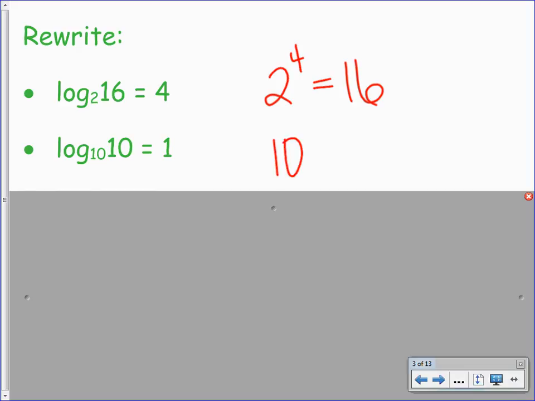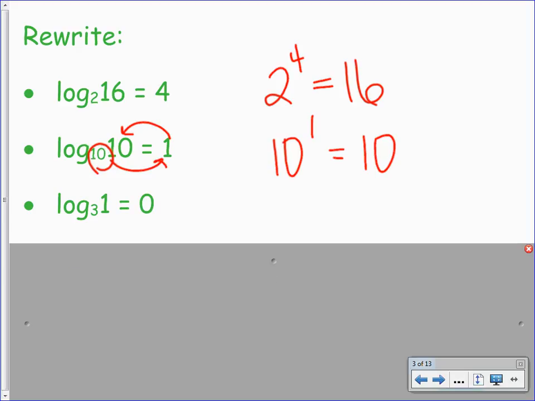What's our power? 10 to the first power equals 10. Log base 3 of 1 equals 0. How do we rewrite this? 3 to the 0 equals 1. Base 3, power 0 equals 1.